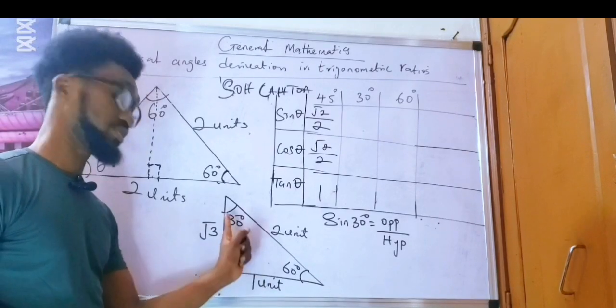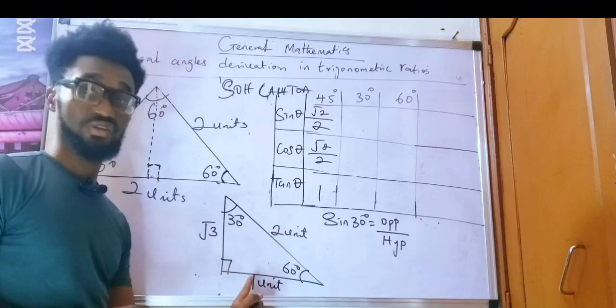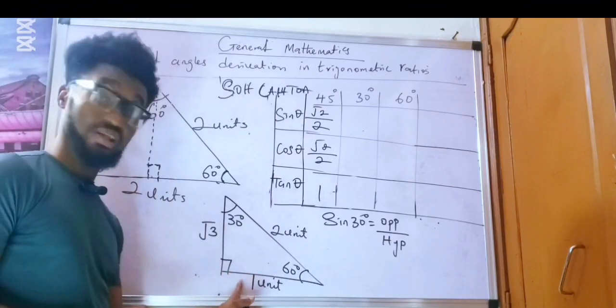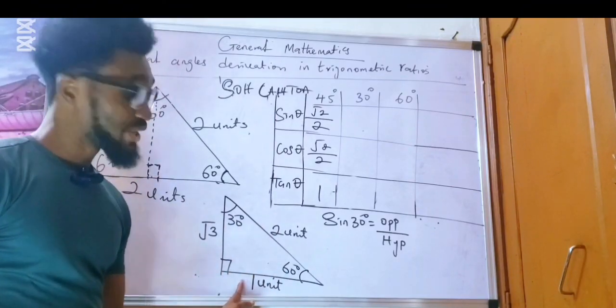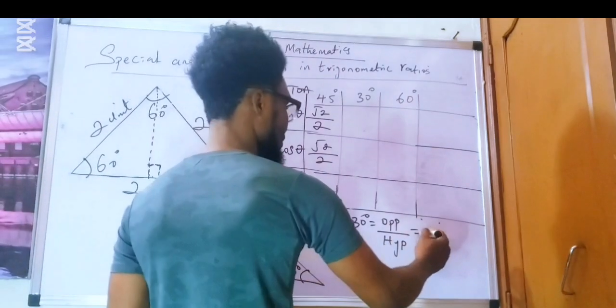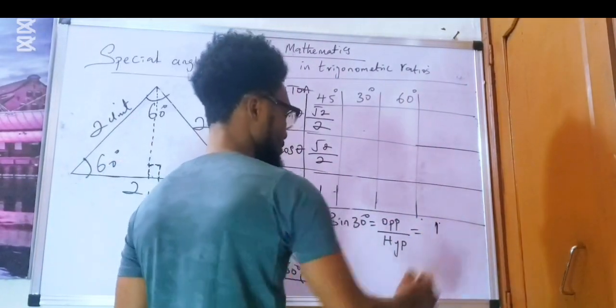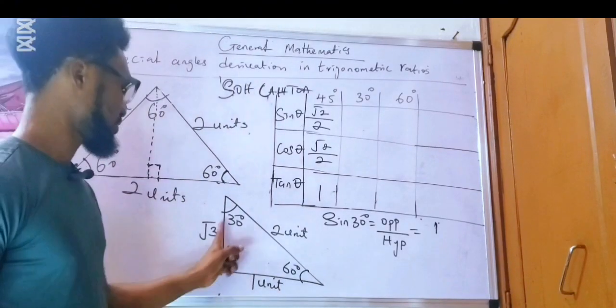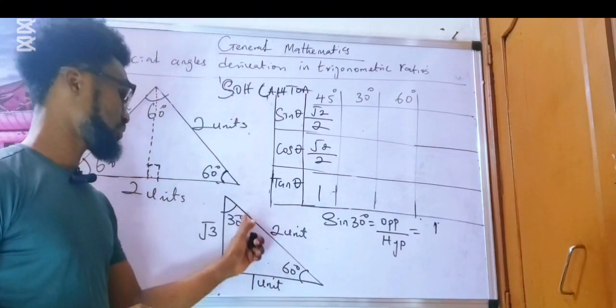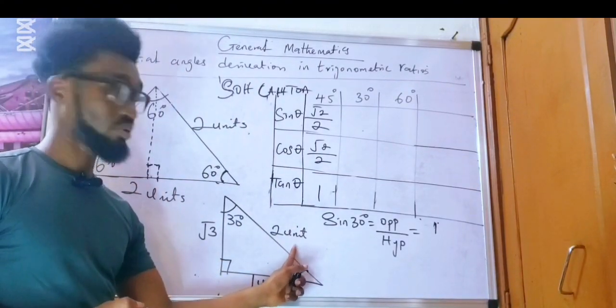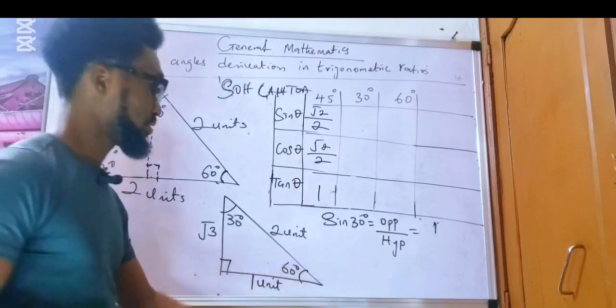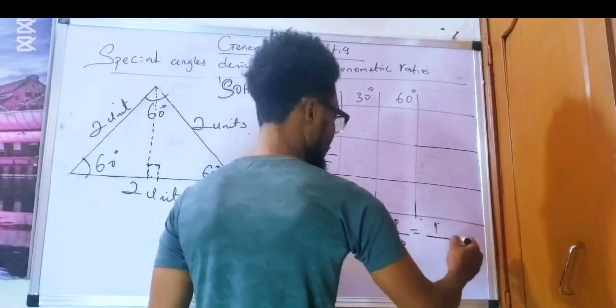Remember, because it is facing the 30 degrees here, it's the opposite. It's labeled 1 unit here. So we are going to substitute this 1 unit for the opposite. What about the hypotenuse? The hypotenuse is 2 units from what we have here. Is that okay? So we have 2 units.